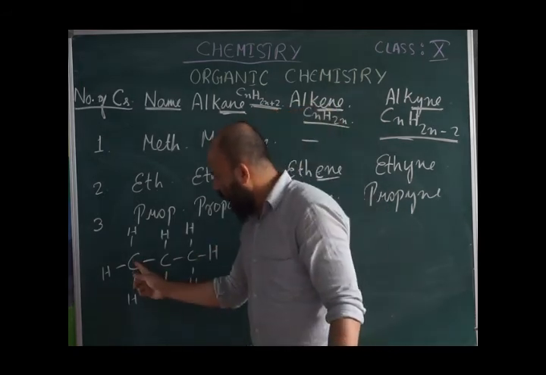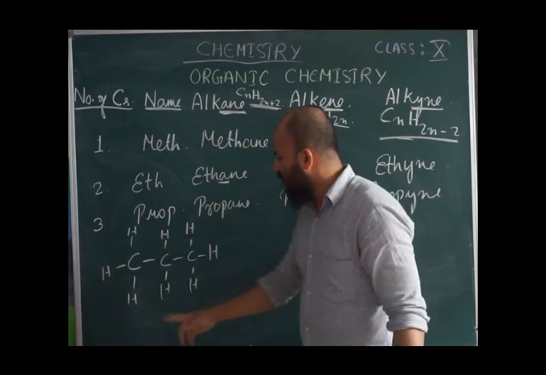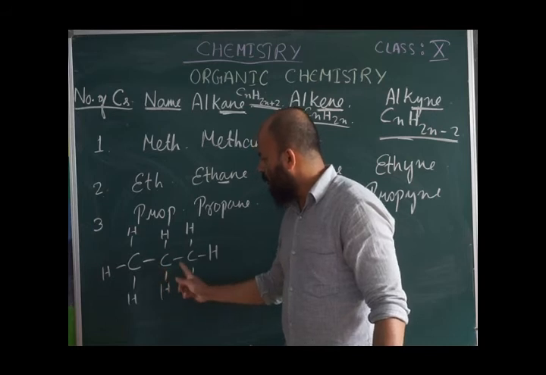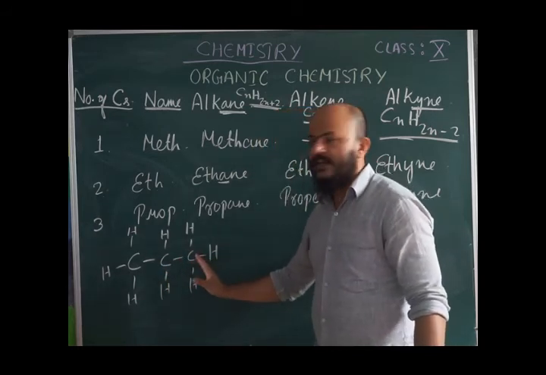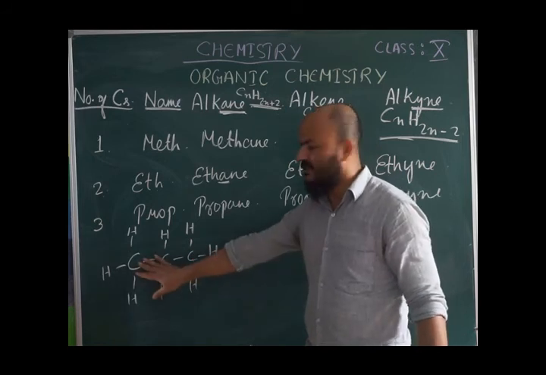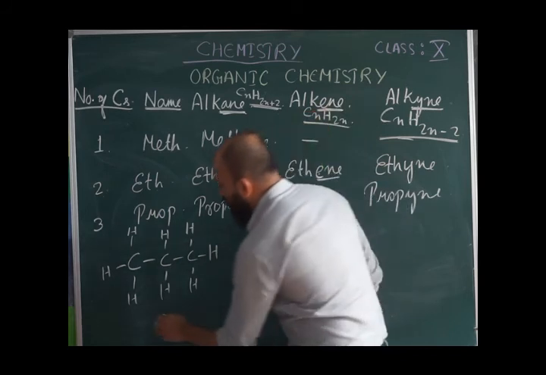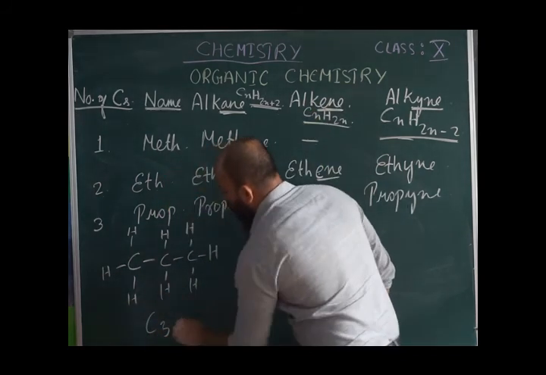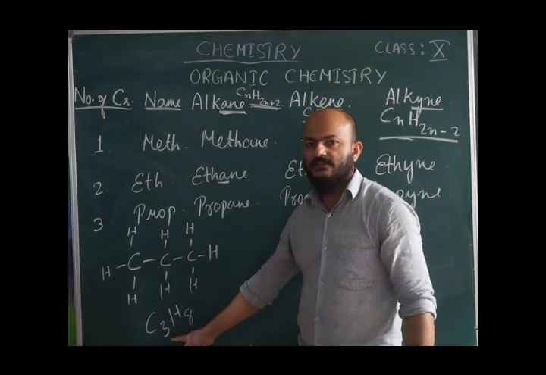So see, one carbon, 1, 2, 3, 4. For this, valence is satisfied. For this carbon, 1, 2, 3, 4, its valence is satisfied. For this carbon, 1, 2, 3, 4, its valence is satisfied. So if this is the molecular formula, you can count the number of carbon atoms. C3. How many hydrogens? Please count it. It is 8.